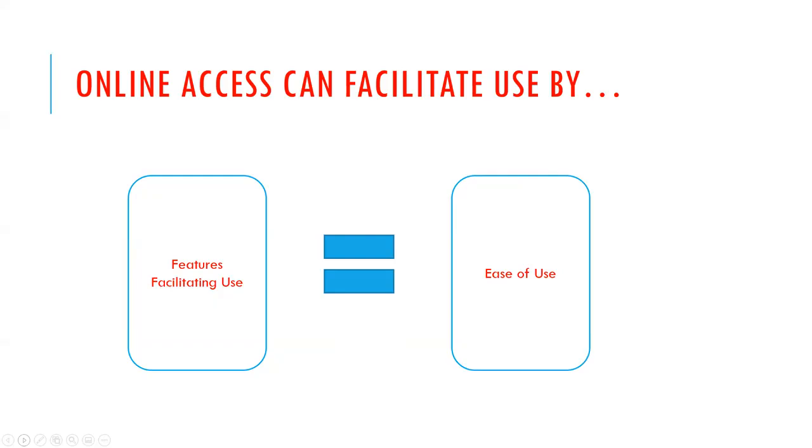And on the flip side, it's going to make it less likely that materials that aren't digitized and aren't placed online, and are unavailable for this enhanced access, are going to be used by researchers. And those may be perspectives that are kind of lost to society. So they may exist in the archive, but if no one can access them, or if it's very difficult to access them, then it's less likely that that access is going to take place.